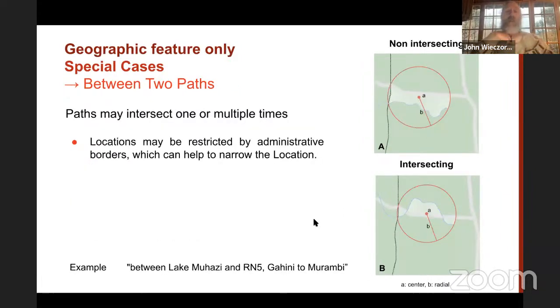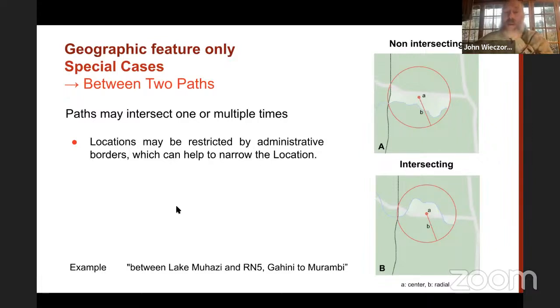Between two paths is similar, but in this case, we don't have just two little shapes that are features such as towns. Instead, we have two paths to use as our delimiters.